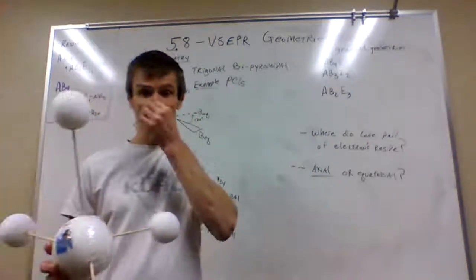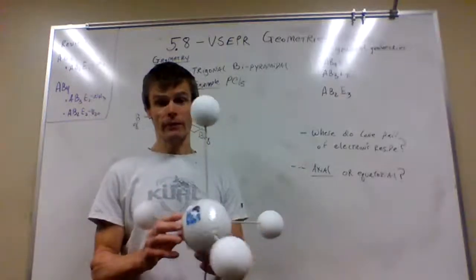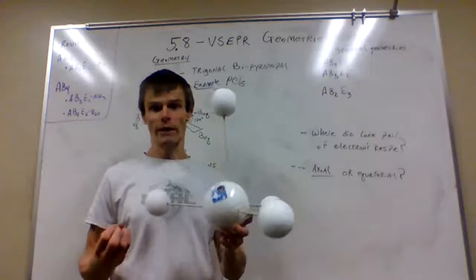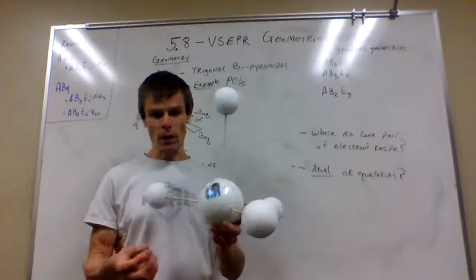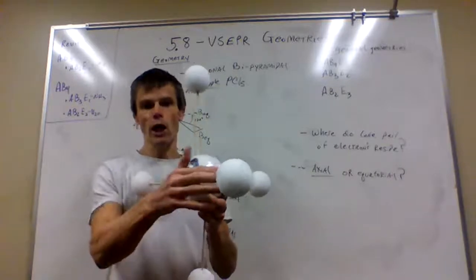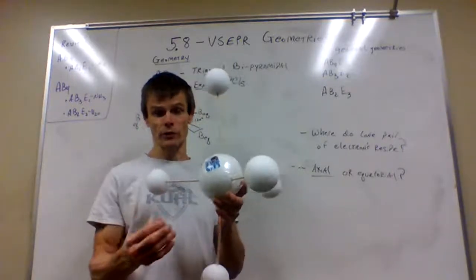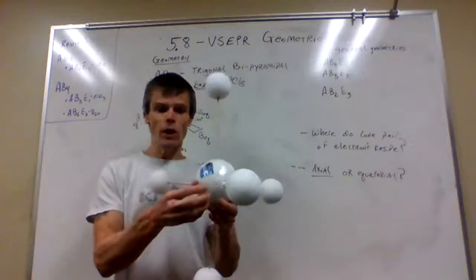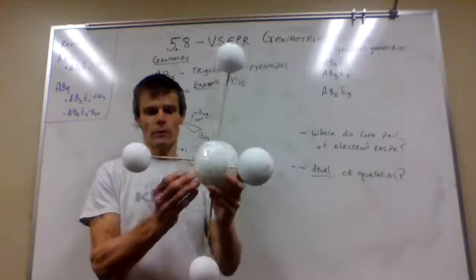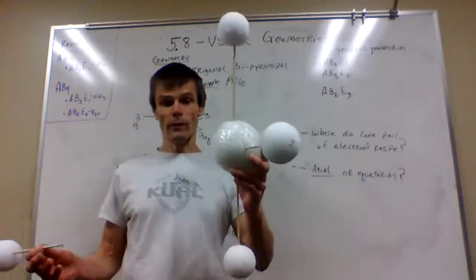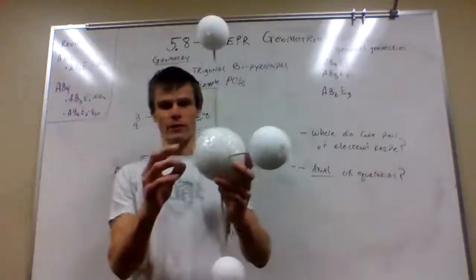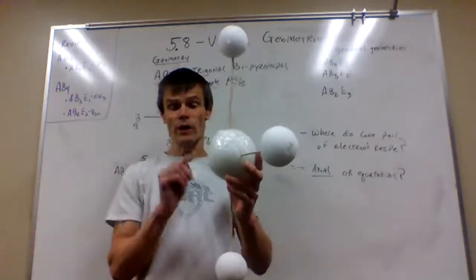What we find out is most energetically favorable, because of lone pair-electron repulsion, is that we want to place the lone pair of electrons along an equatorial position. In other words, when we have a lone pair of electrons, the first spot we're going to put them is we're just going to pull one of our equatorial positions, and we're going to place a lone pair of electrons there. So that's the choice that we're going to make.